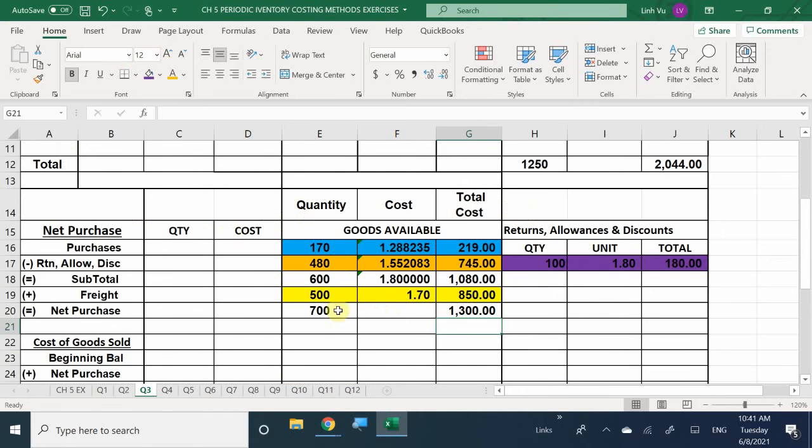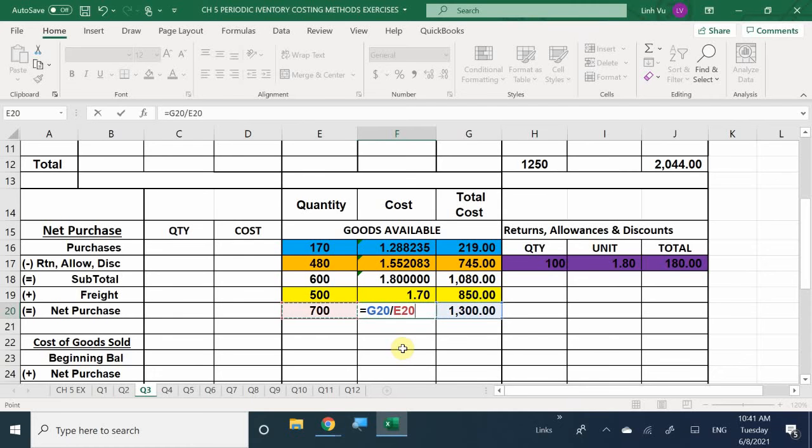All right. So then, because I have a new quantity and a new total cost, I need to now solve for a new cost per item. So in this case, I'm going to take my total cost of $1,300 and I'm going to divide it amongst my 700 items. So what is my purple batch's cost per item now? $1.857147.